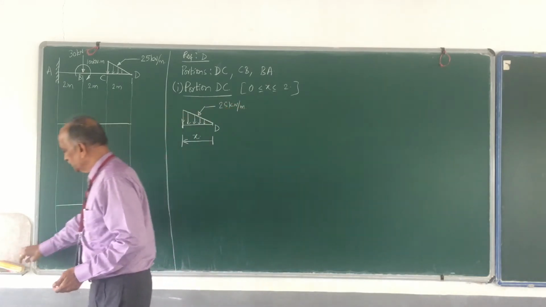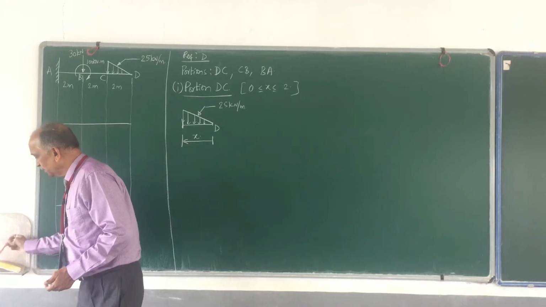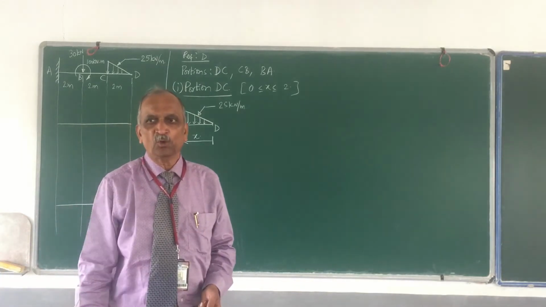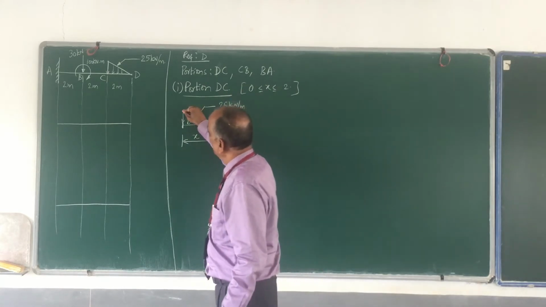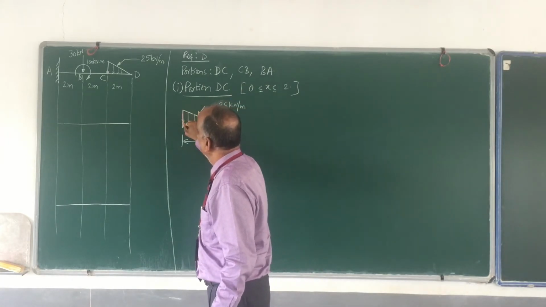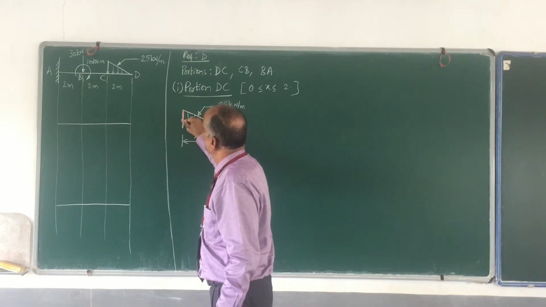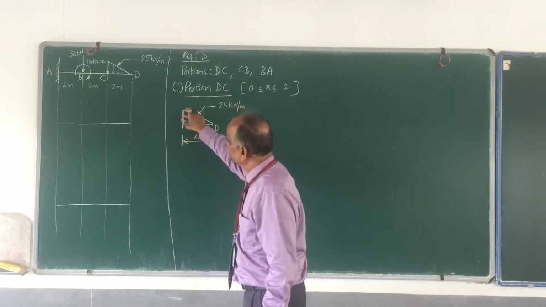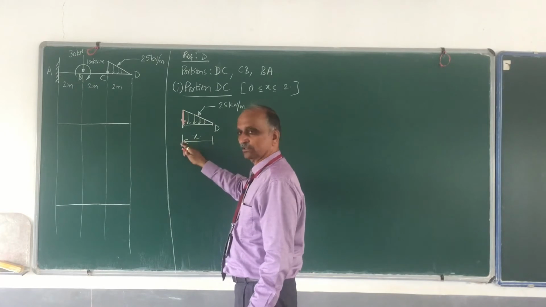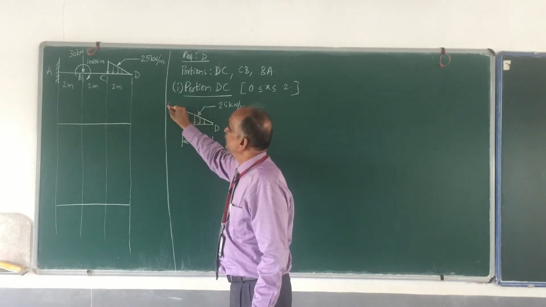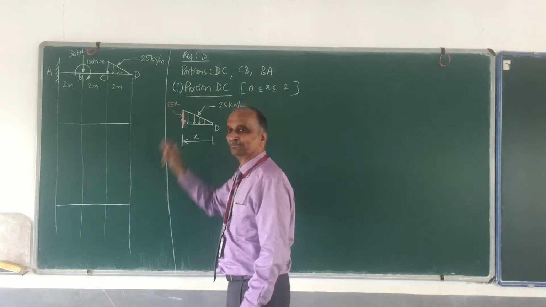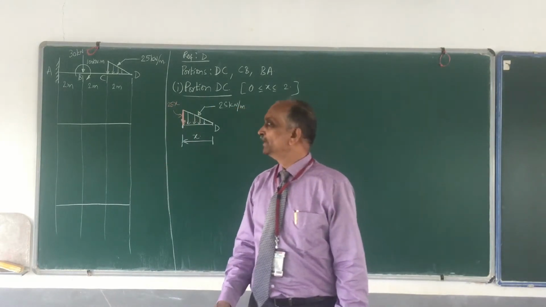So first thing I need to do is find the equivalent point load, which is nothing but the area of the triangle. How much is the load at this end? This is X, this is 25, and therefore this load is 25 times X.